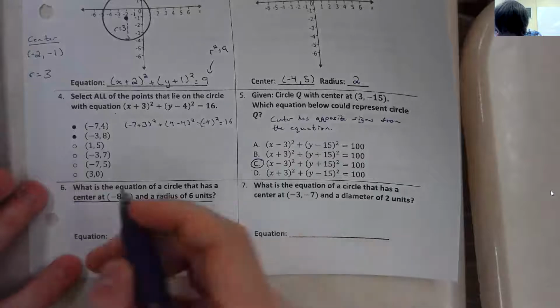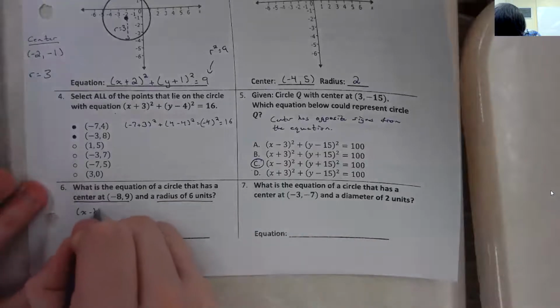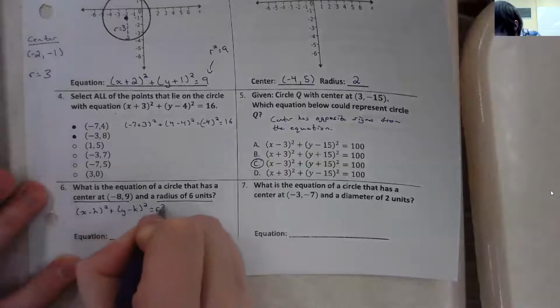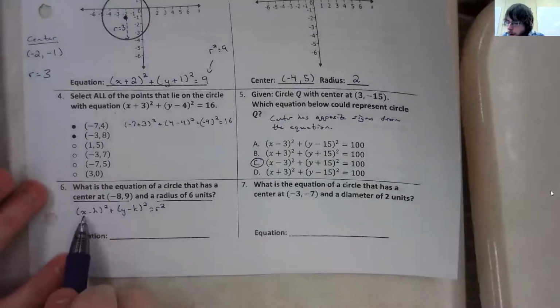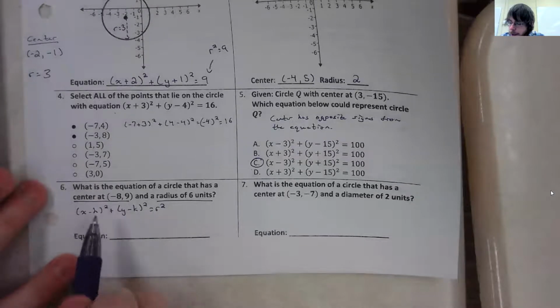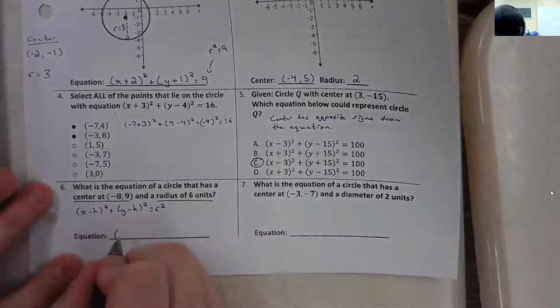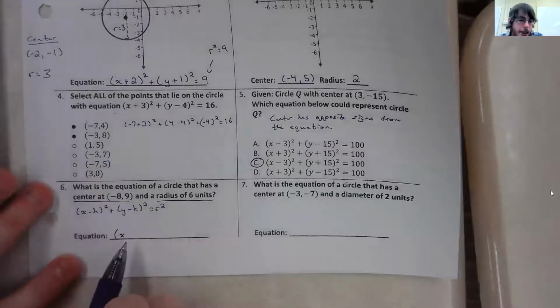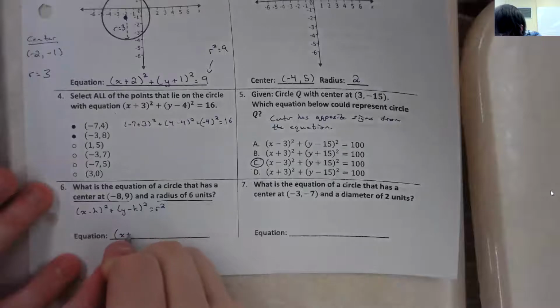Okay, so our general form is (x - h)² + (y - k)² = r². Your center has opposite signs from your equation. So in the first parentheses, you would have x. Your center is negative, so in the equation, it should be positive.